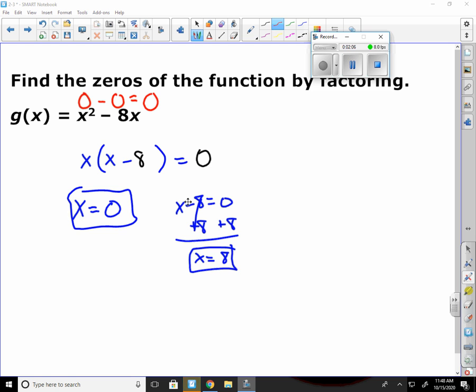If I plug 8 in, 8 squared minus 8 times 8, 8 squared is 64. 8 times 8 is obviously also 64. 64 minus 64 is equal to 0. So those are both zeros of the function.